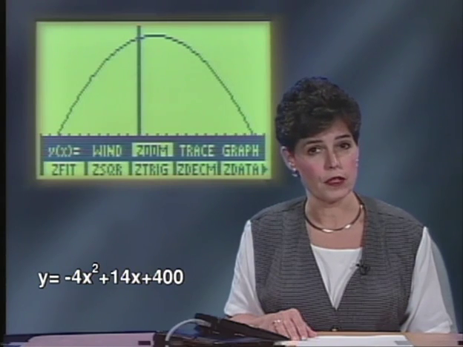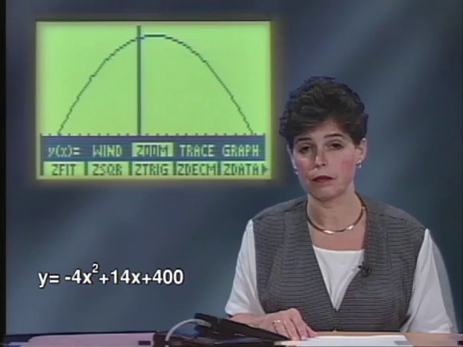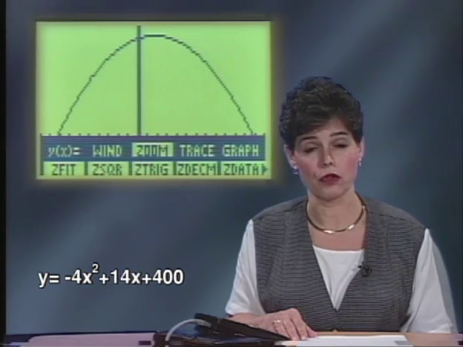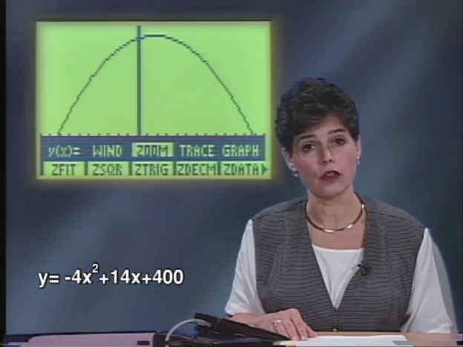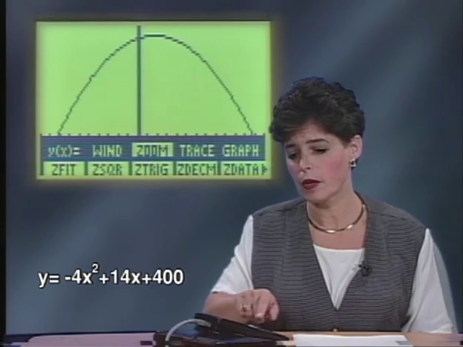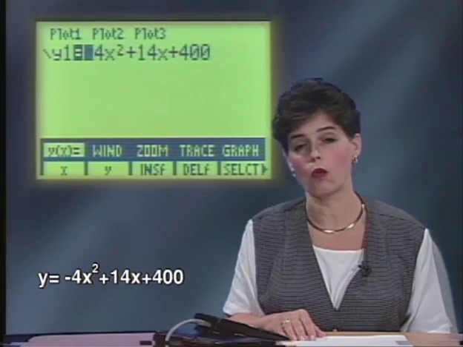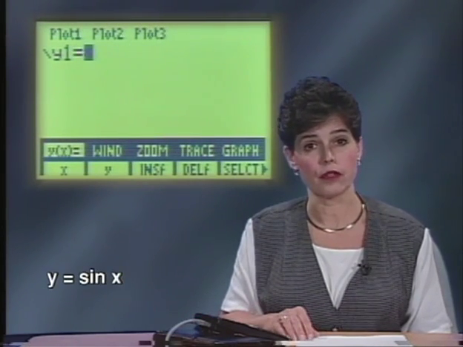Okay, one more thing that I'd like to mention about the zoom menu, and that is z-trig. It's very probable that you should use the z-trig aspect of your zoom whenever you're using trig functions. So let's go back and enter a trig function. With second F1 to get back to my Y1, clear this function and enter the sine function.